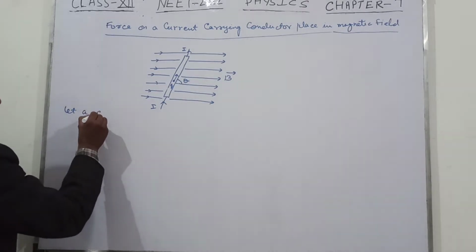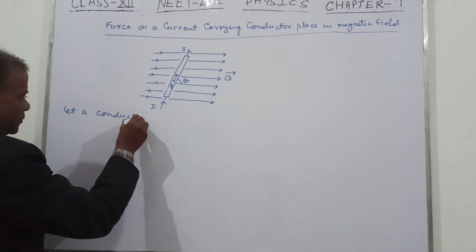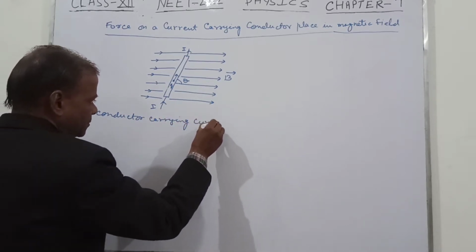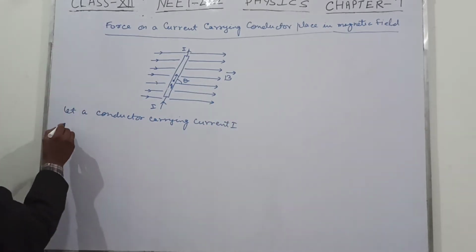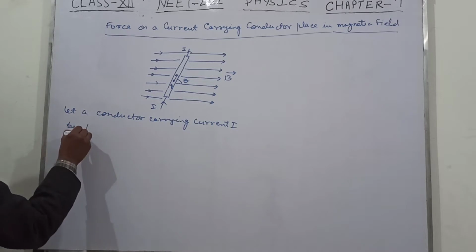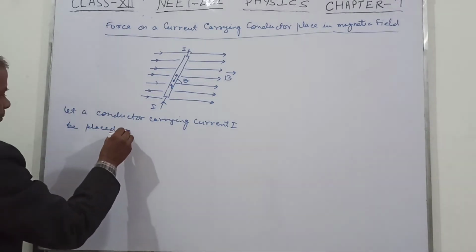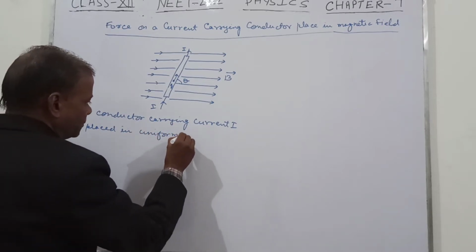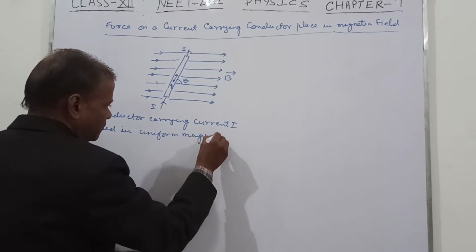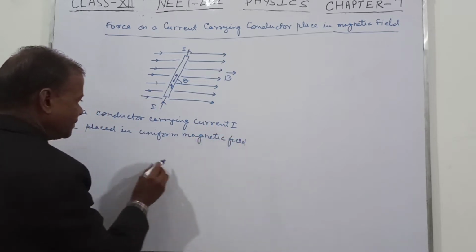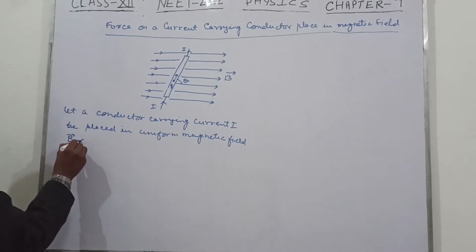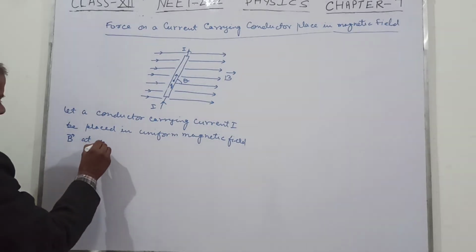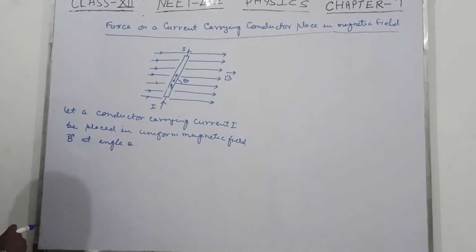Let a conductor carrying current I we place in a uniform magnetic field B at an angle theta.